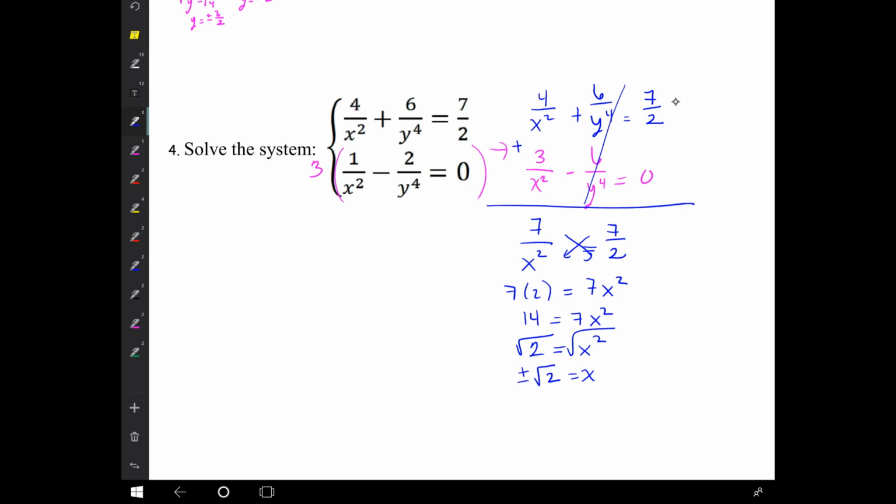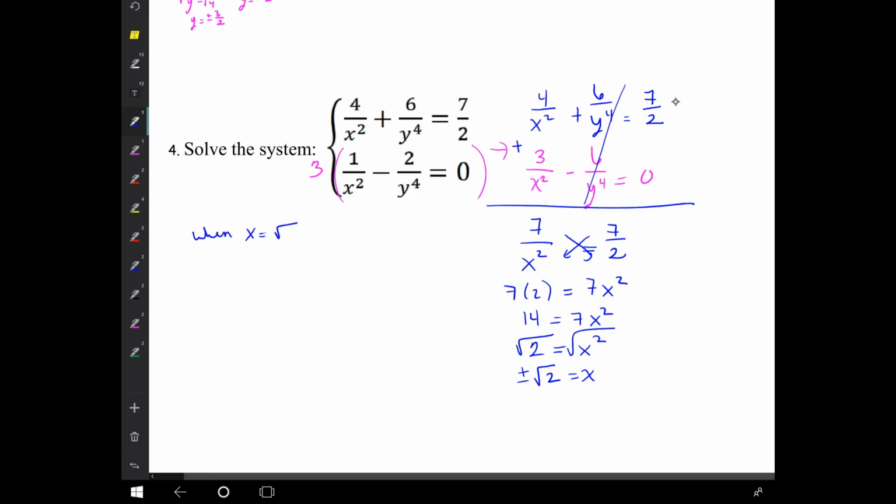We need to find the corresponding y value. So when x is equal to a positive root 2, what would come out to be the y coordinate? So we have 4 over root 2 squared, if I'm using the first equation, plus 6 over y to the 4th is equal to 7/2. What is root 2 squared? 2.